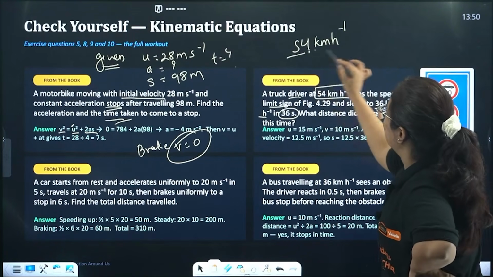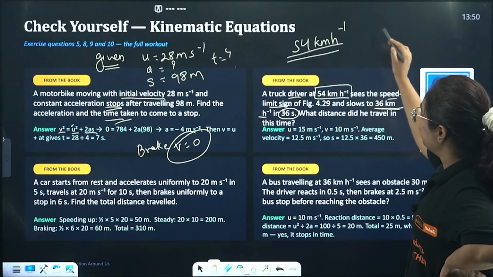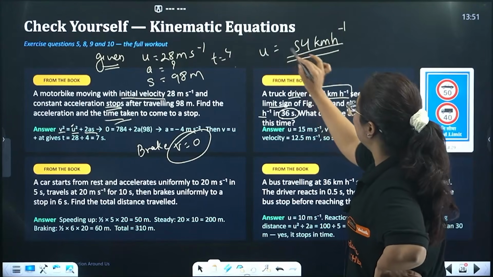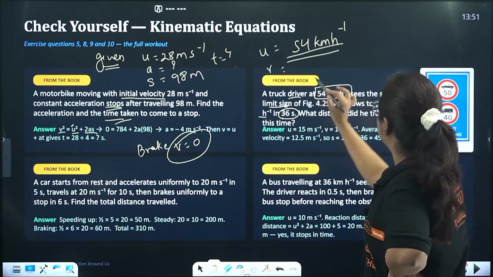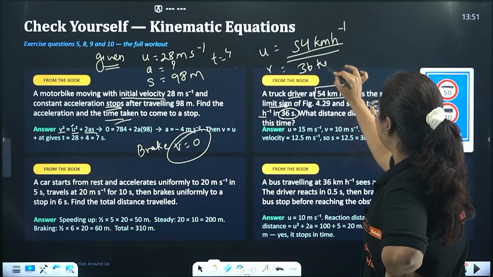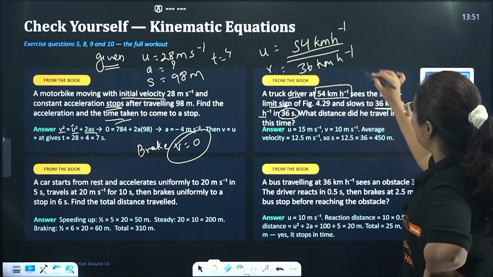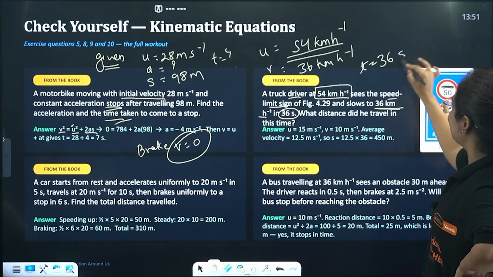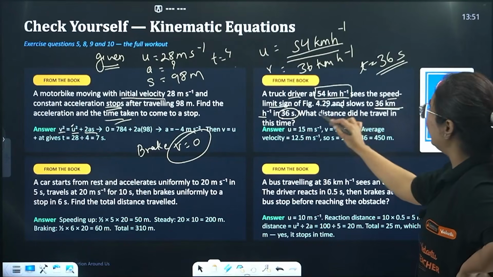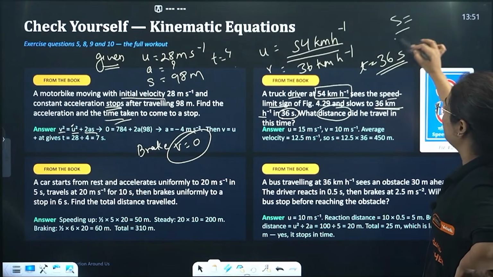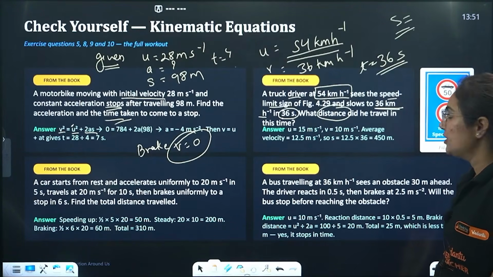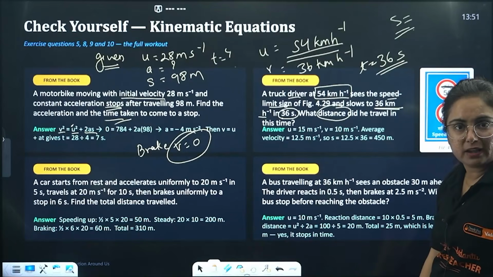So this was the initial velocity. What is the final velocity? 36 km per hour. What is the time taken to reduce this? 30 seconds. What distance S is needed to be found? Right? So S equals ut plus half at square.